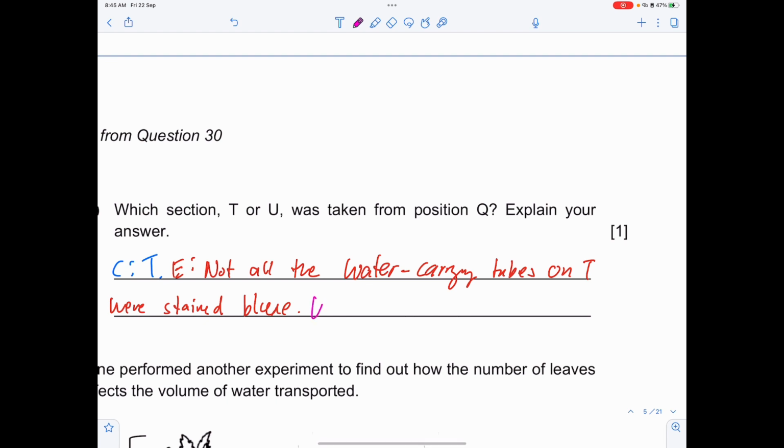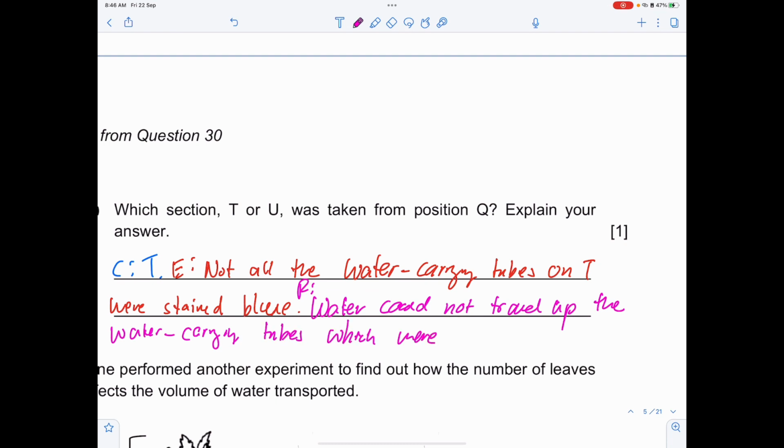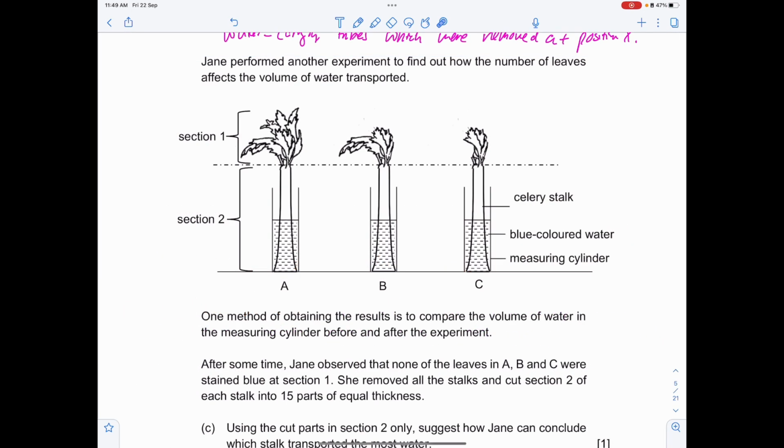And the reason would be: water could not travel up the water carrying tubes which were removed at position X. Okay, continuing with the next question.